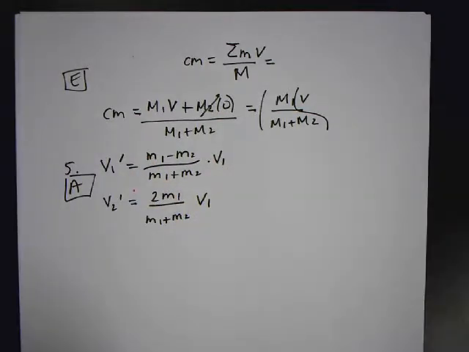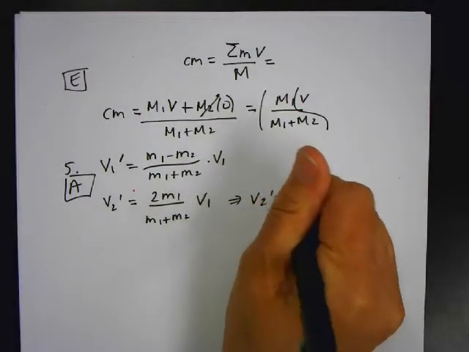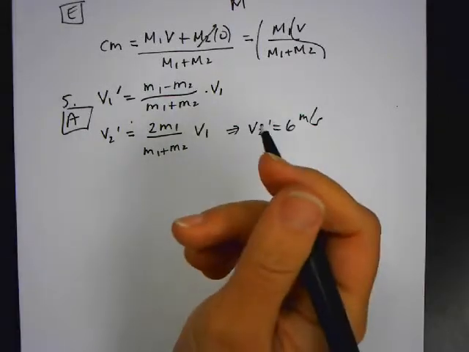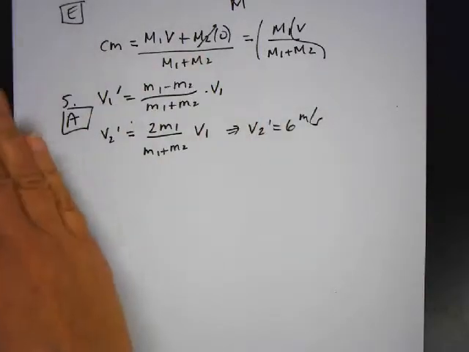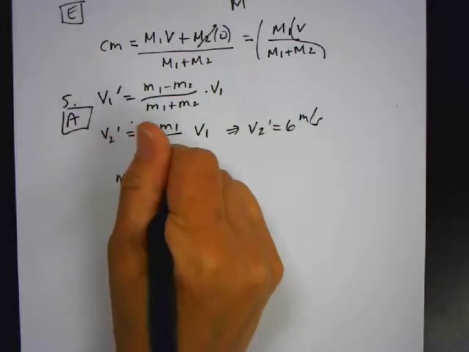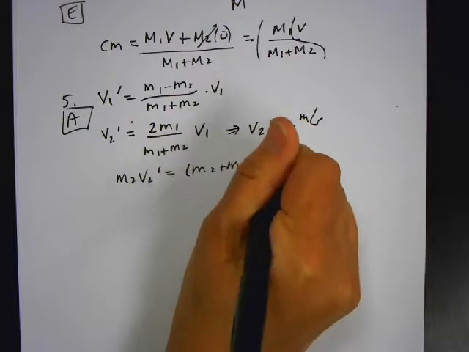And the final speed of the 2 kilogram masses that stick together, number 6. So again, you're doing conservation of momentum. After the collision, the left mass was at rest. So if you did all this, you would find out that v2 prime was 6. And then in the second collision, the total momentum before is equal to the total momentum after. So m2 v2 prime is equal to m2 plus m3 times v3 prime.